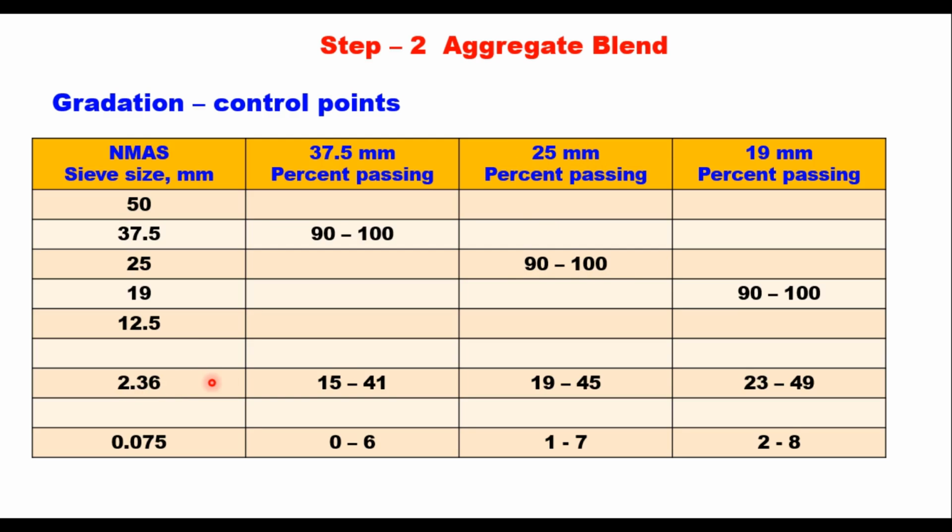Another control point is at 2.36 mm sieve size. These are also specified for different NMAS of aggregate, and these should be strictly adhered to. And the third control point is at the filler level, that is 0.075 mm, which should be 0 to 6% in case nominal maximum aggregate size is 37.5 and 2 to 8% if it is 19 mm.